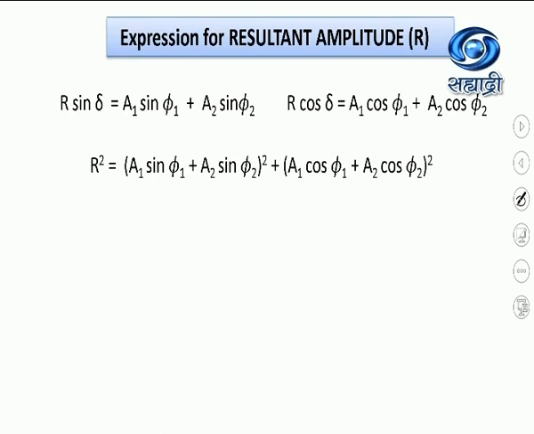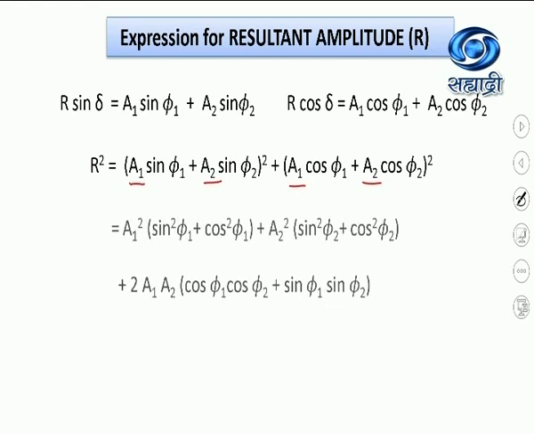So squaring and adding these two equations, we get the step observed on the screen. Now the bracket squares are simplified. While simplifying the brackets, we take the terms of A1 square together, in the second term we take the terms of A2 square together, and the rest of the terms are combined separately.